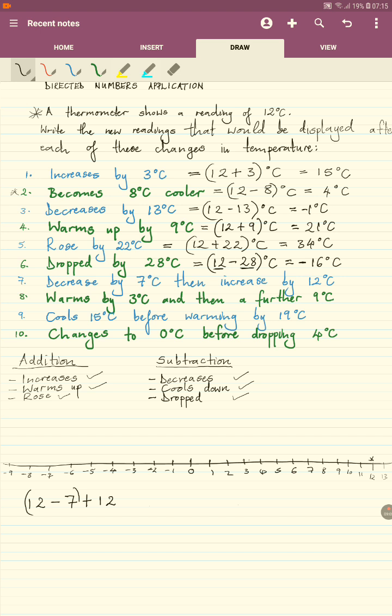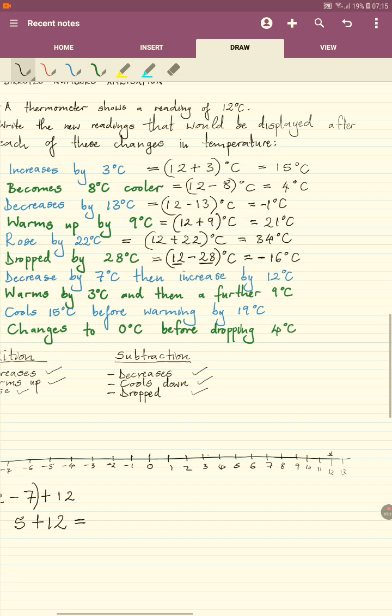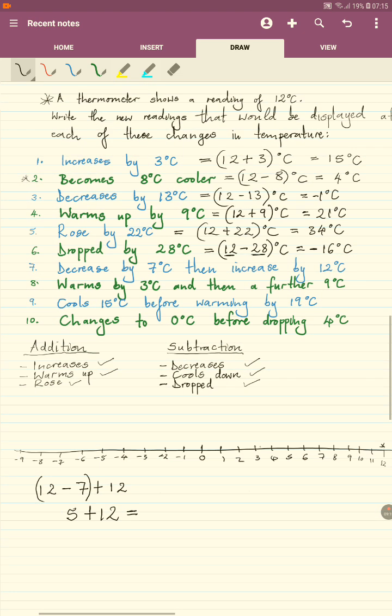So we can do it this way: 12 minus 7, you get 5, and then that 5 you add to 12, and you get your answer is 17 degrees Celsius.